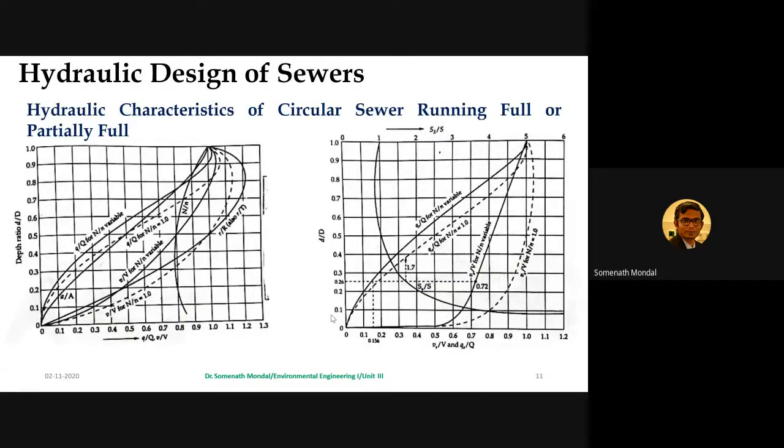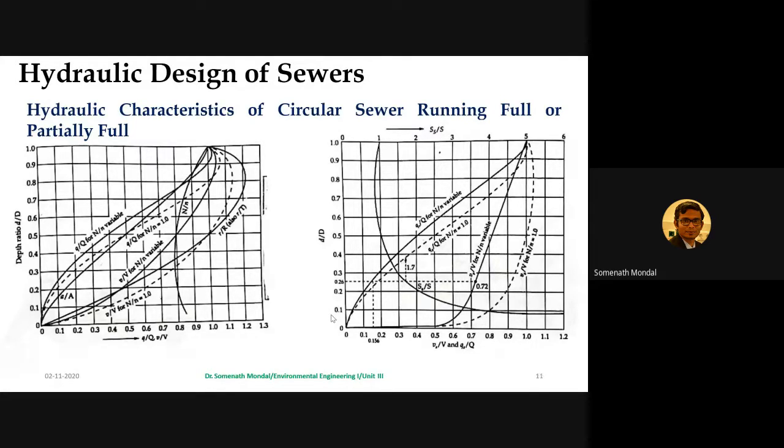Fine. So if you see here, the sewers flowing with depth between 50 to 80% full need not be placed on steeper gradient to be used as self cleansing as sewers flowing full. So this is very important point.